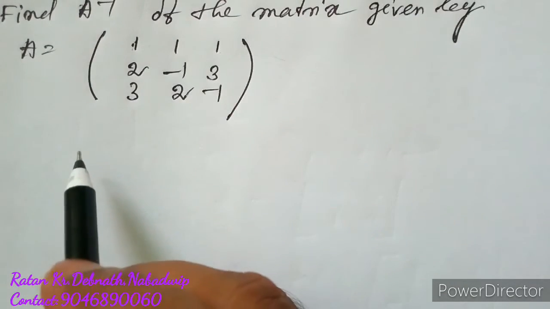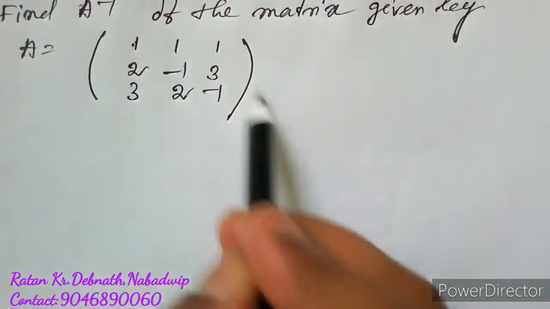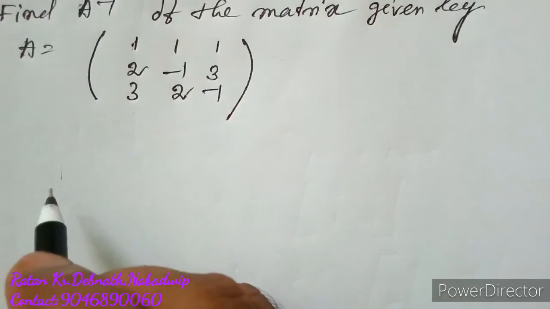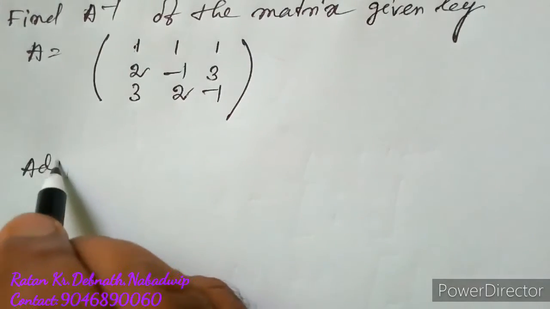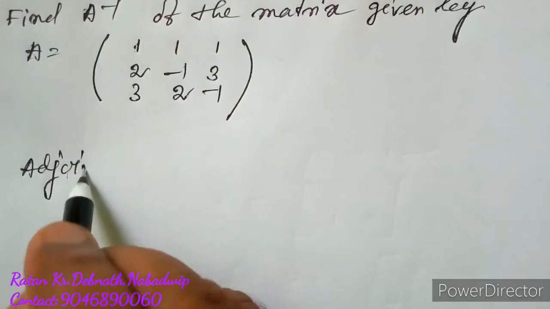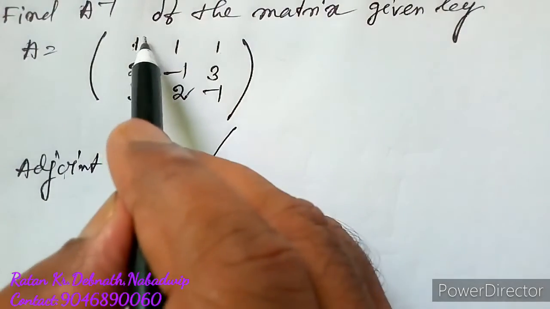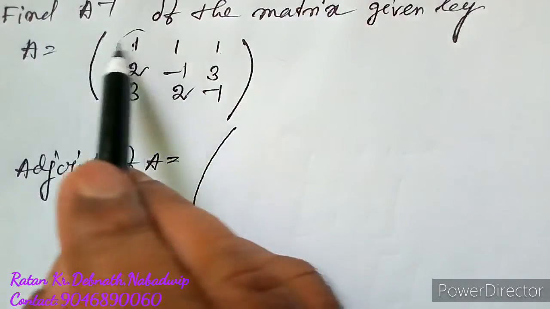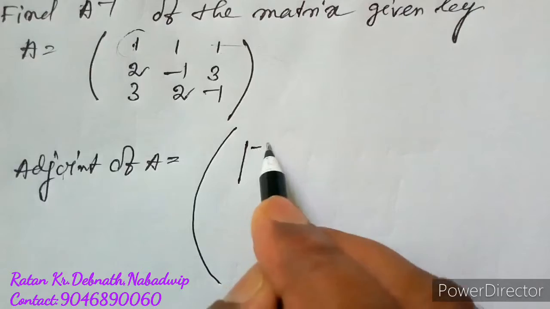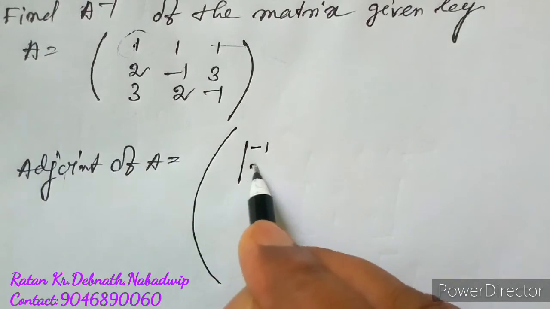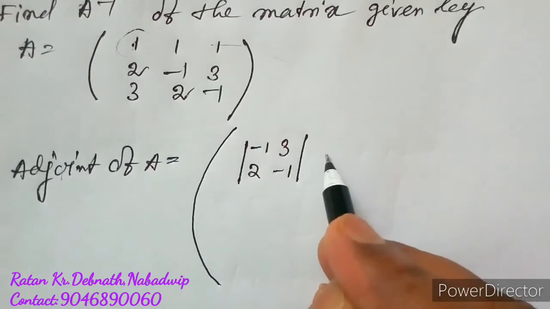We are going to find the inverse of this third order matrix. First we have to find out the adjoint of A. Cofactor of 1 equals to these row suppress, -1 2 3 -1.